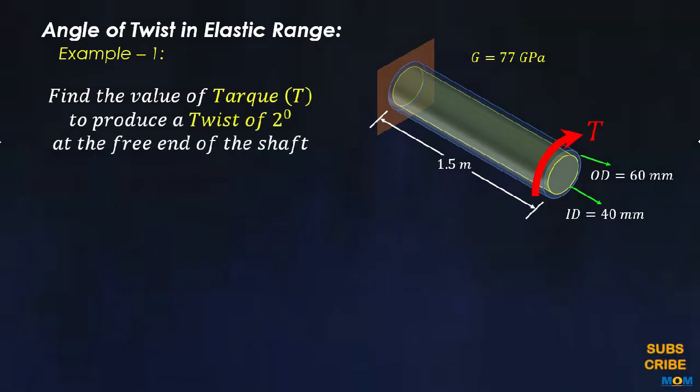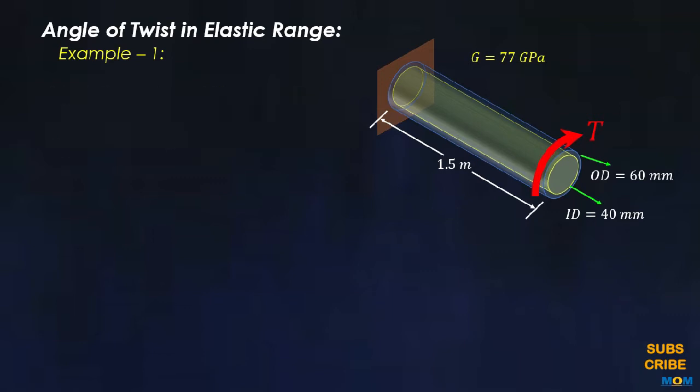of the shaft. Now to solve this, we would be using the expression of angle of twist, that is phi is equal to TL upon GJ.